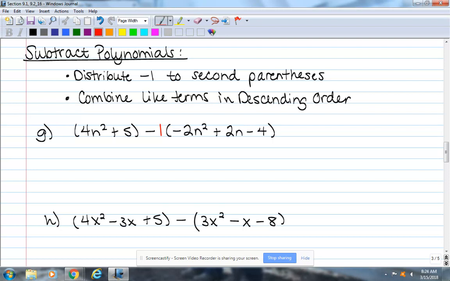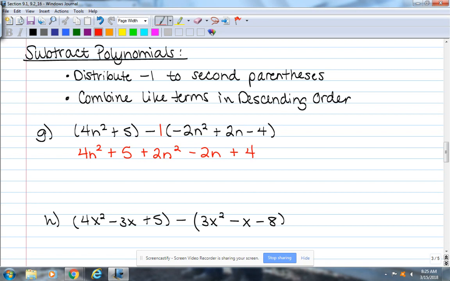So the first parentheses is not going to change. So I'm going to copy 4n squared plus 5. And then everything after that, I'm going to change the sign, and I'm dropping my parentheses as I go through here. So what's negative 1 times negative 2n squared? Positive 2n squared. What's negative 1 times 2n? Negative 2n. And what's negative 1 times negative 4? So I changed all my signs.